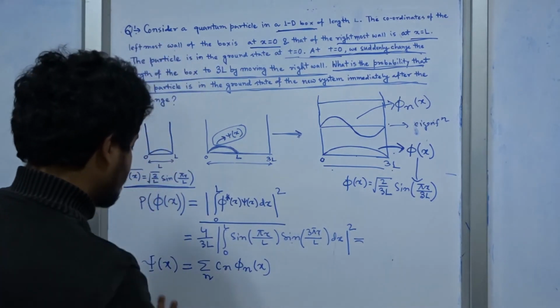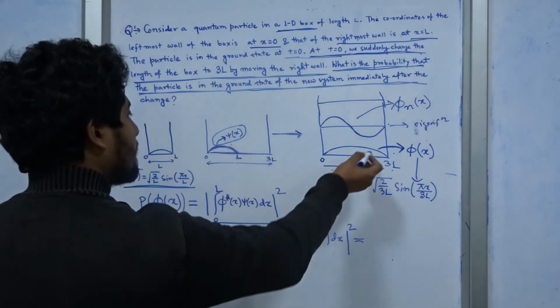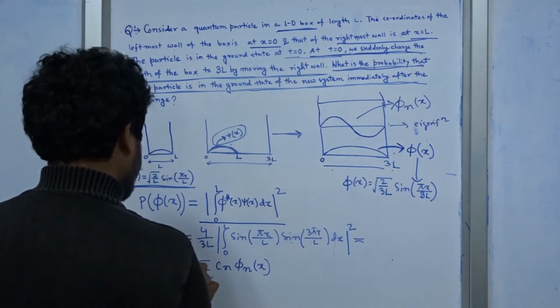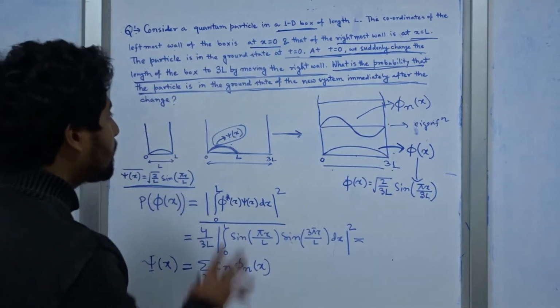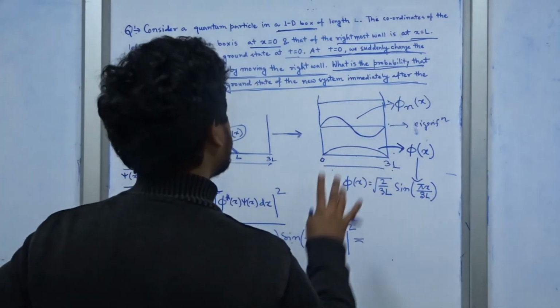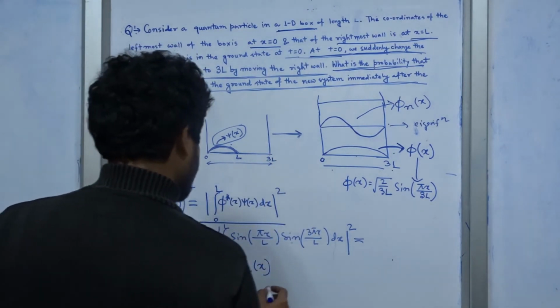Right, so this is very clear. I can always write this psi x as a superposition of all these wave functions. Now the question they are asking: what is the possibility of finding it in the ground state?